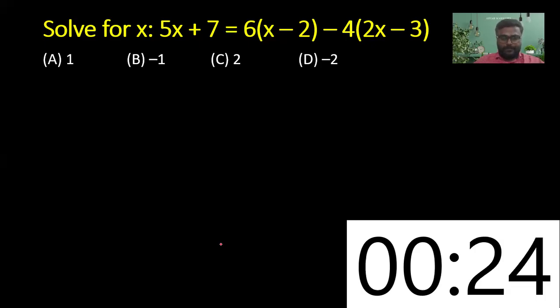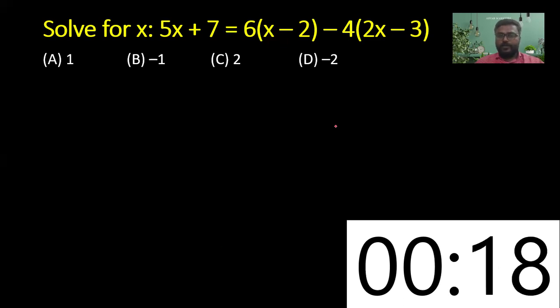Okay. Ablam got B, NJ got B. Do you want me to solve it, guys? Yes, sir. Okay. Let me solve it for you.